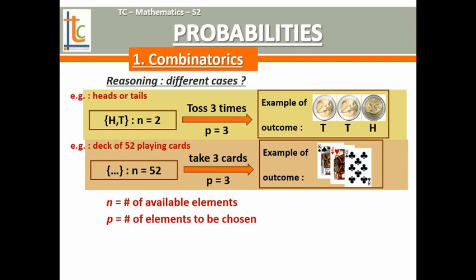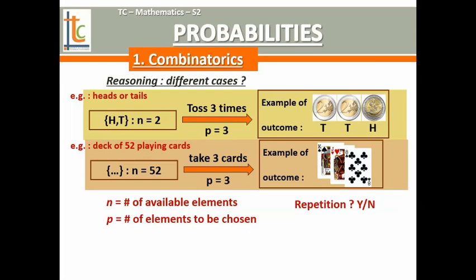So, if you want to establish the fact that these two cases are very different, you have to ask yourself two questions. The first one is about repetition. Is repetition possible in an outcome, yes or no?